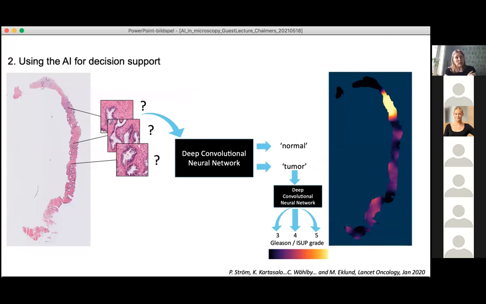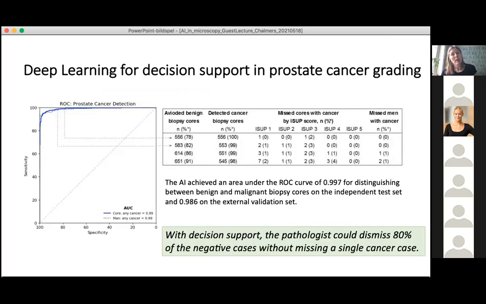But as always, you want to know how well this really works, and can we trust this? Is it any useful? So we did evaluate it on an independent data set. If you look at this ROC curve, we have an area under the curve of 99.7. So it's really, really good at distinguishing between benign and malignant biopsies.